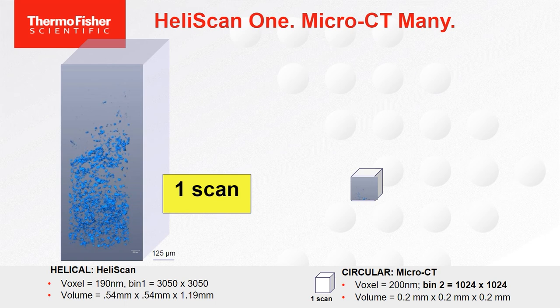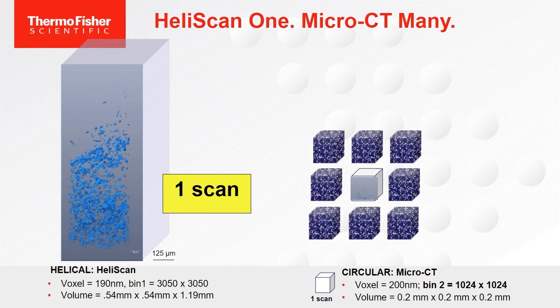Okay, great. So that can be summarized in this kind of a cartoon, where on the left we have one scan from the HeliScan, and in this case 190 nanometer voxels, and the HeliScan has a very large detector, and you get a nice large volume.